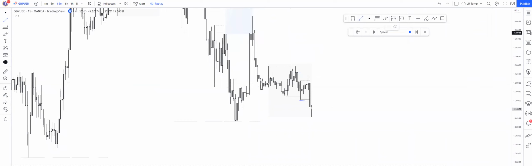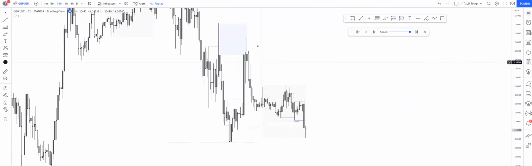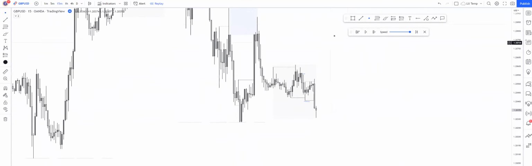So this is a QM. Right there, there's a high low. So this is liquidity. There's a 3 corner formation here, so that's obvious liquidity. So I just added it here.